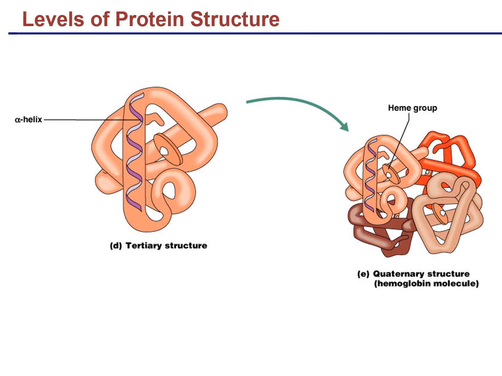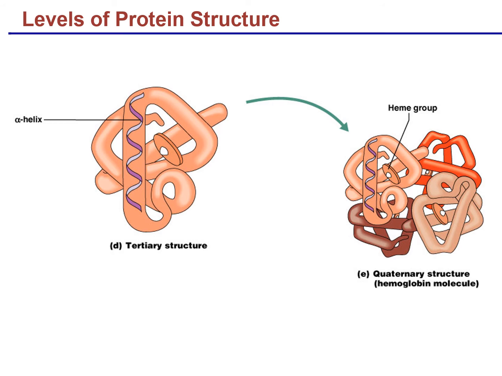This is a hemoglobin molecule. Hemoglobin is the oxygen-binding protein in your red blood cells. It is made of four separate polypeptide subunits, right? So it has quaternary structure. It's called a tetramer. Other proteins can be made of just two subunits.